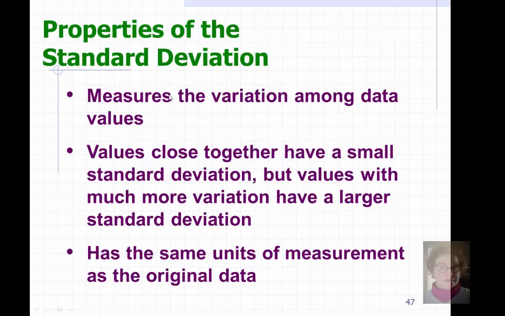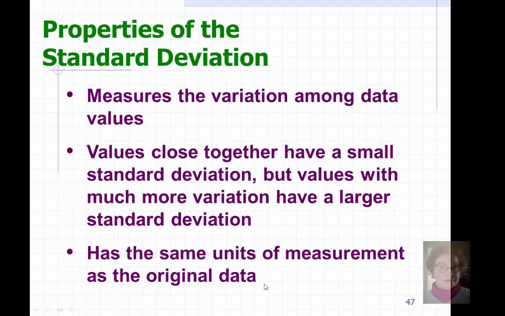Okay, again, standard deviation measures the variation among the data values. When data values are close together, you'll have a very small standard deviation. If the standard deviation is larger, you will have much more variation in the values.